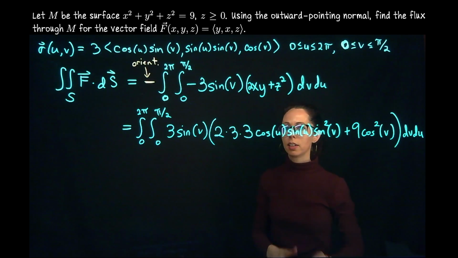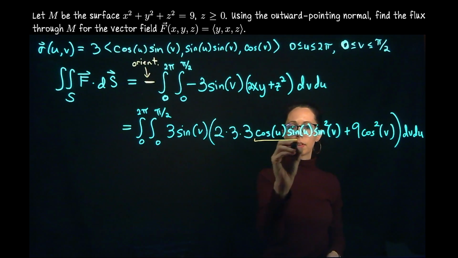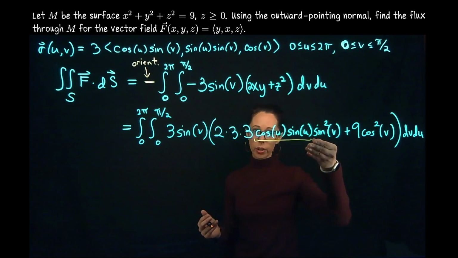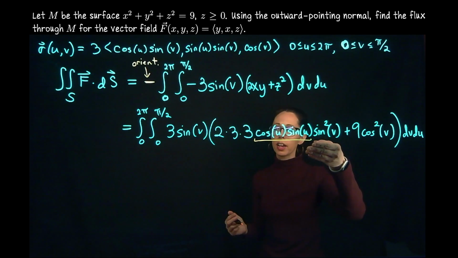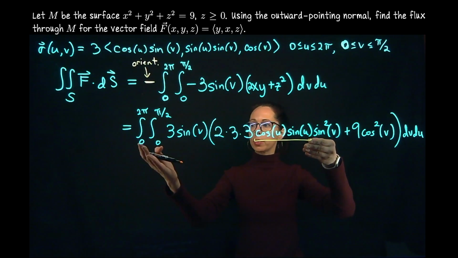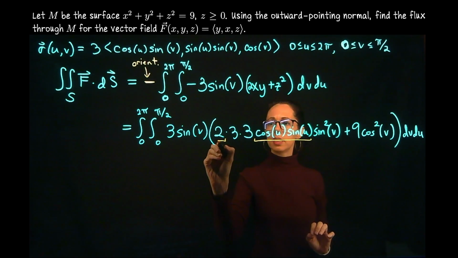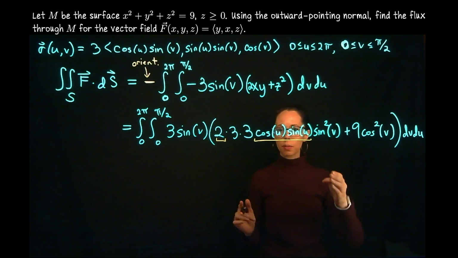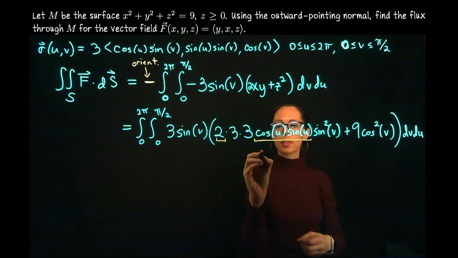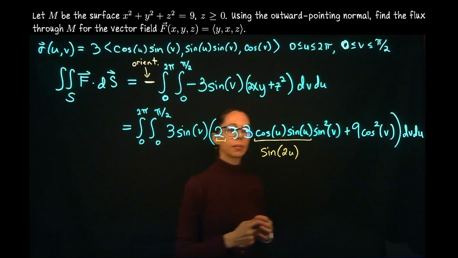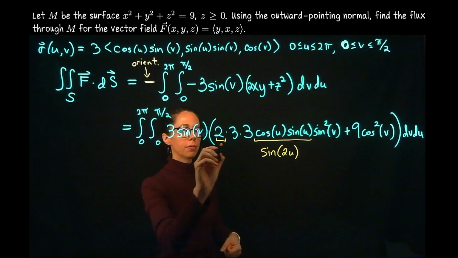All right, notice here that cosine u sine u, this product is going to enclose as much positive and negative area as we travel from u equals 0 to u equals 2 pi. And if you need a little bit more persuasion, 2 cosine u sine u is the same thing as sine of 2u.